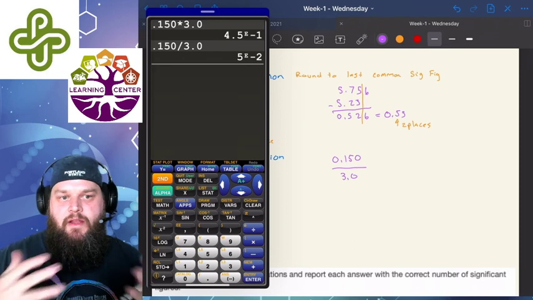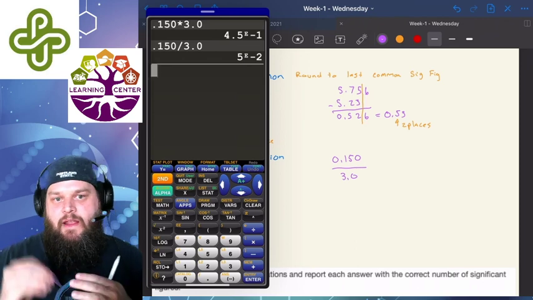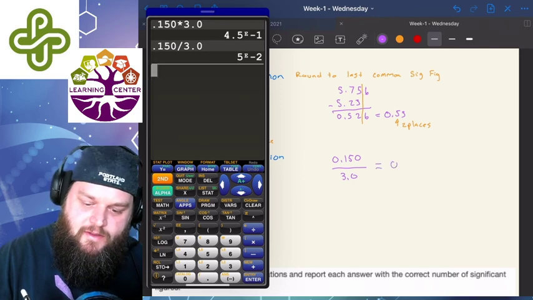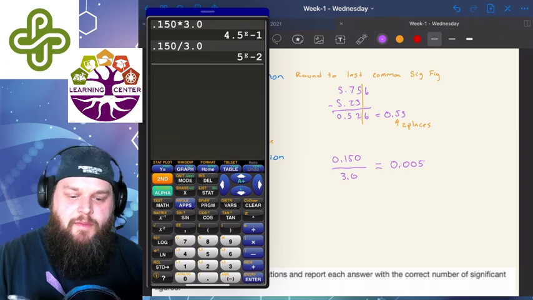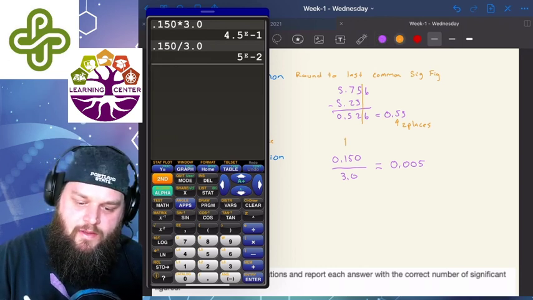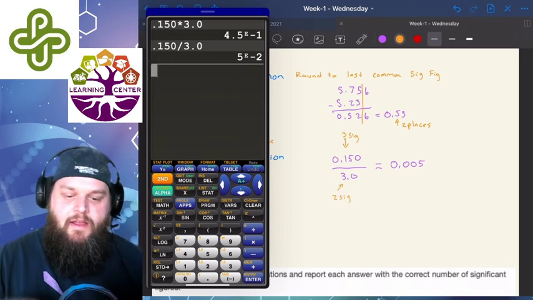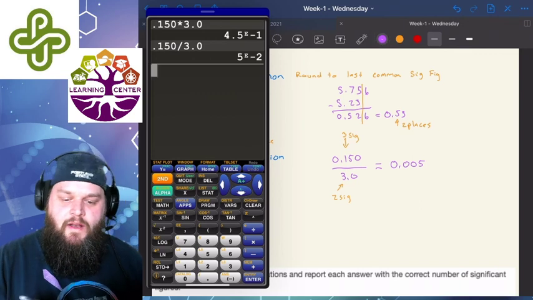Leave it complete, and then at the end, figure out what your significant figures need to be. So in this case, this is equal to 0.005. That's what my calculator tells me. But I know I need this being 3 sig figs, this guy being 2 sig figs. I need to have my answer in 2 significant figures.